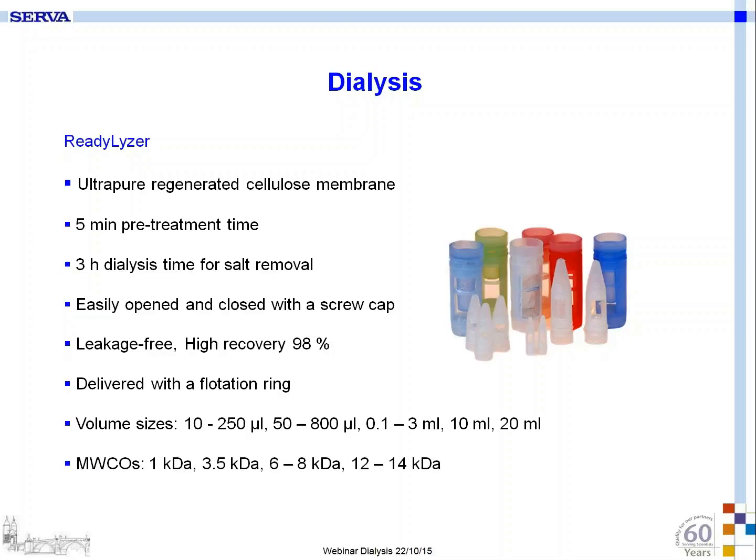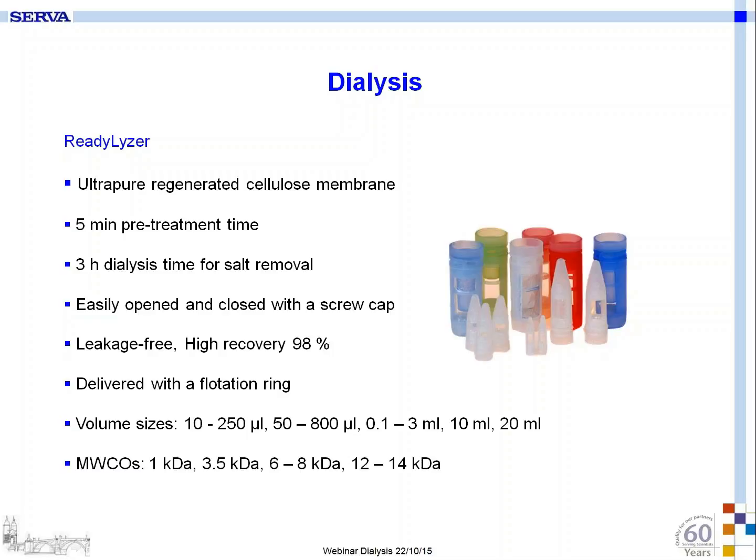So the sample loading and removal, and as well removal of samples during dialysis, is very easily done. You can load them with pipettes and don't have to use needles or other things that might puncture the dialysis membrane and then cause problems with leakage. So in principle, that's a leakage-free system, and you have a very high recovery rate of 98%.